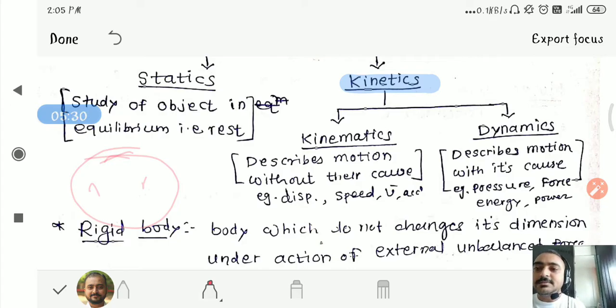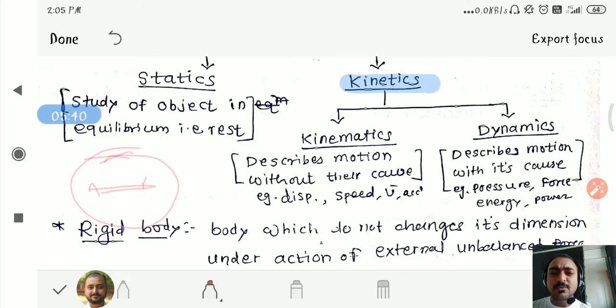The distance between these two particles remains constant under the action of external unbalanced force. Whatever the force acting on the body, the distance between these two particles always remains constant, and this is the important thing. Means there is no change in dimension. So this is nothing but your rigid body.